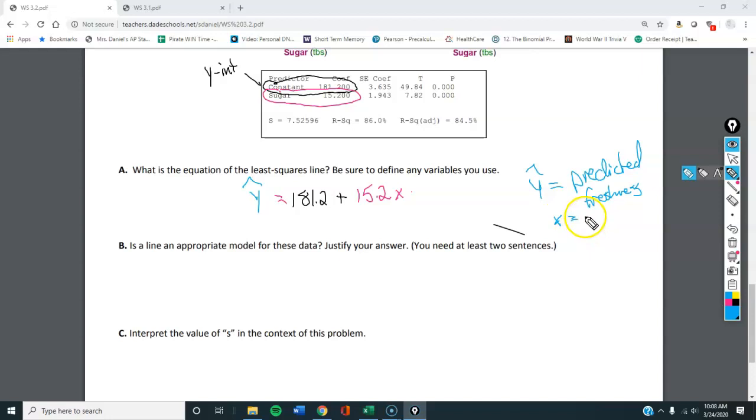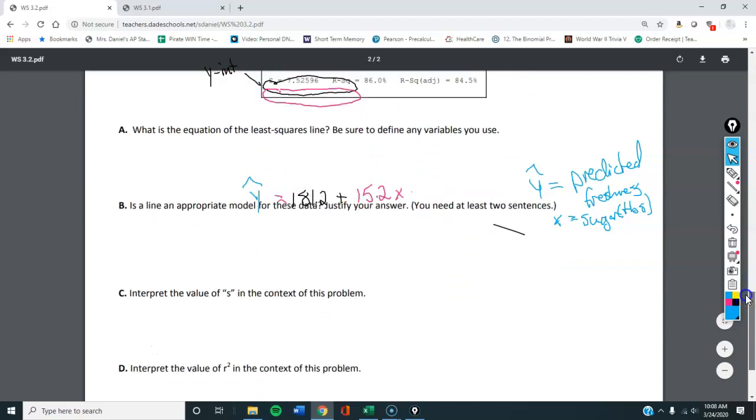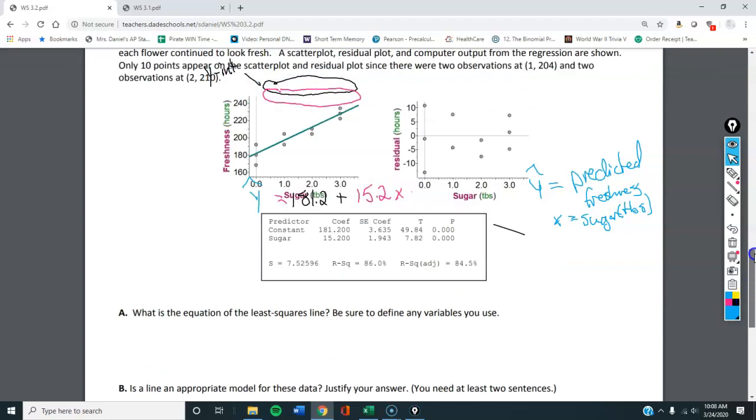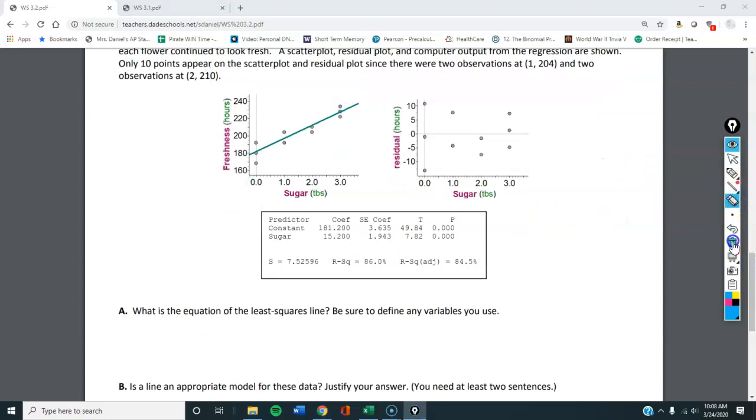Sorry, I had to deal with something. X is your sugar content in whatever they measured it in. Tablespoons, right? TBS. Is a linear model appropriate for this? Yes, it is. I just put yes on my paper. Nice job. Because look at this. Two reasons why.